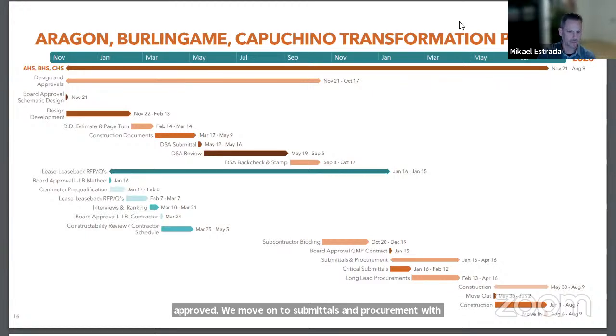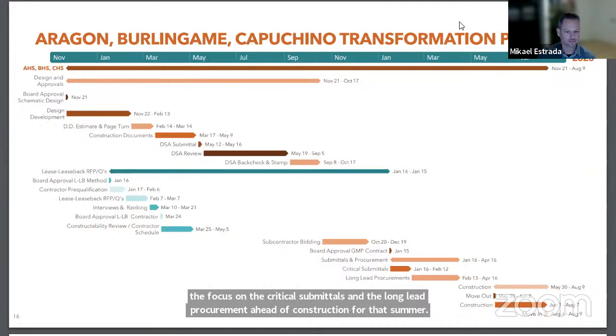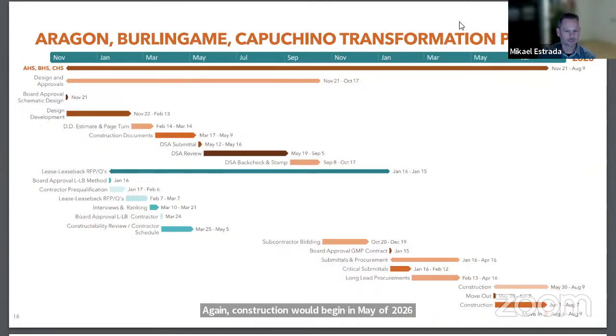Again, construction would begin in May of 2026 through August 9th. That would be a very quick pattern for construction, moving out and moving back in the first week of August in 2026. Next slide, please.